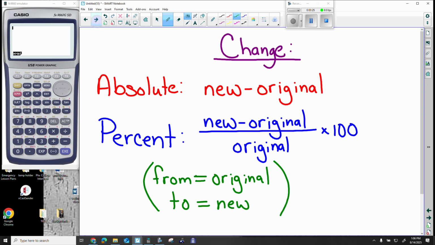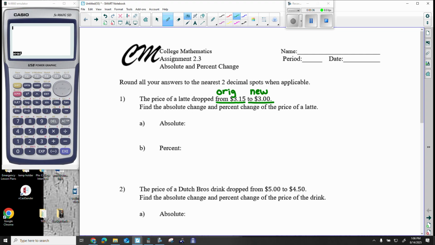Bringing back in, one more time, our formulas, the first question is asking for absolute change. Absolute change is going to be new minus original. So what that means in these numbers is the new value is $3.